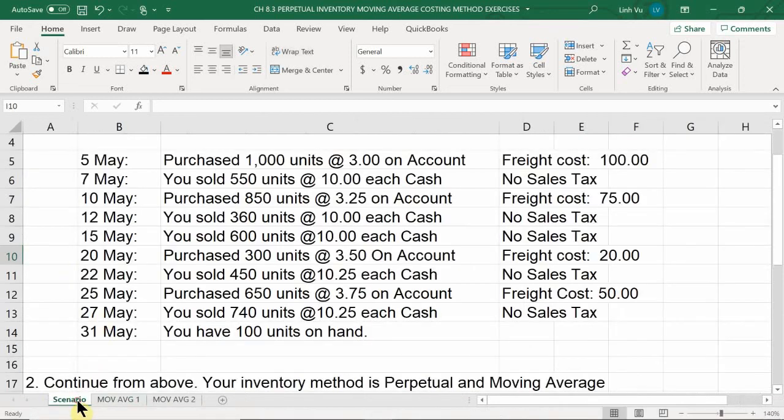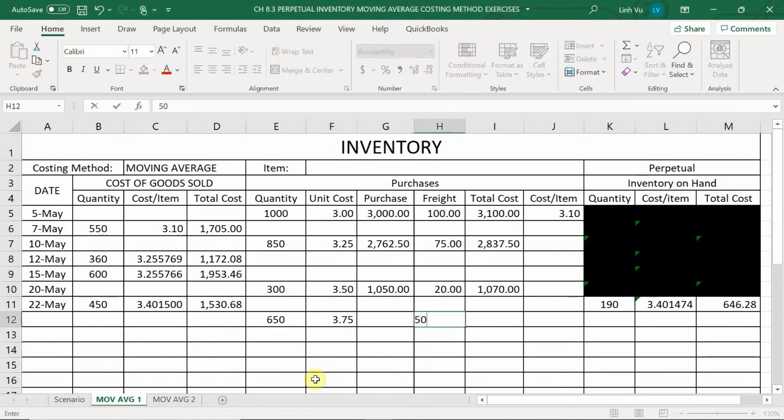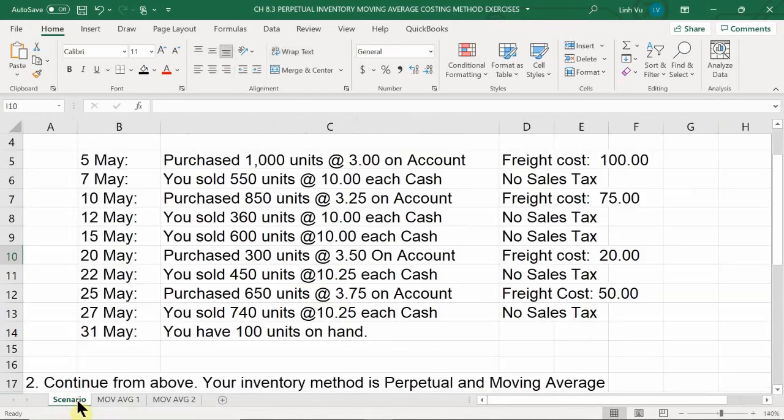So then let's see what happened on the 25th of May. We end up purchasing an additional 650 units at $3.75 each with a freight of 50. So 650 at 3.75 with a freight of 50. Okay.